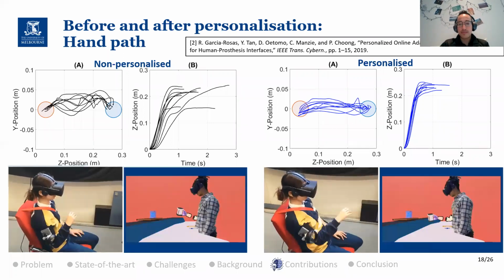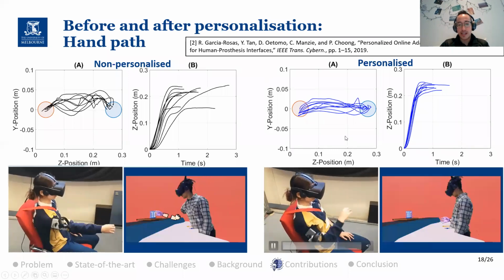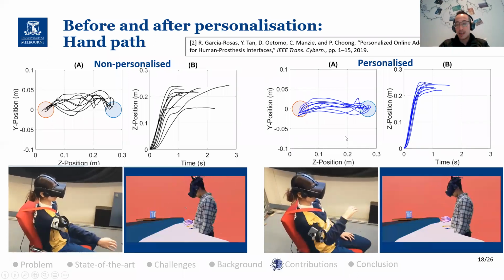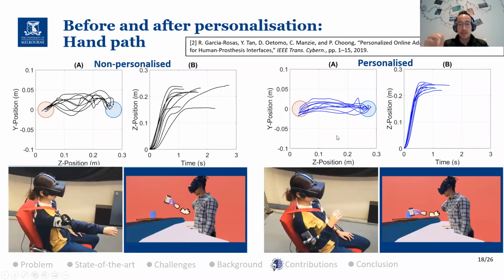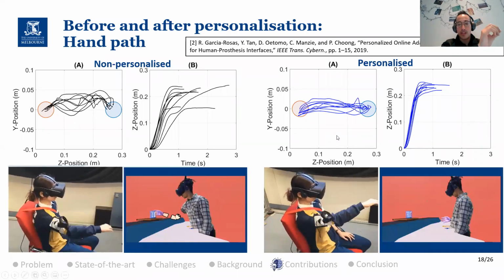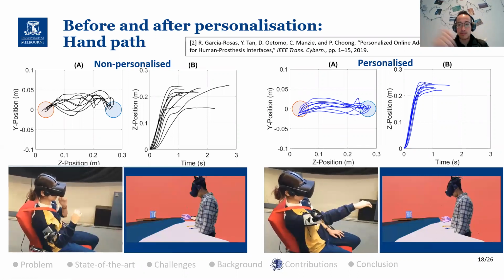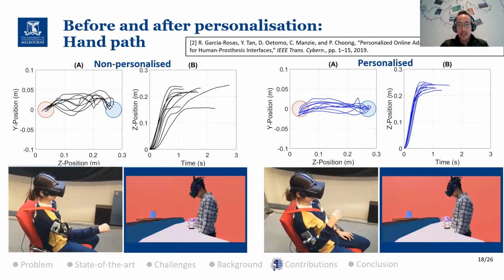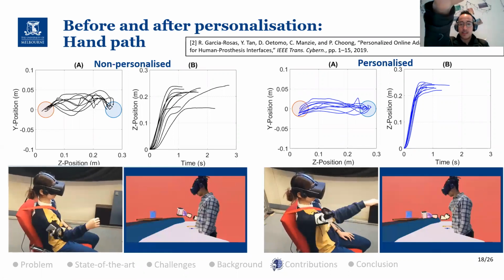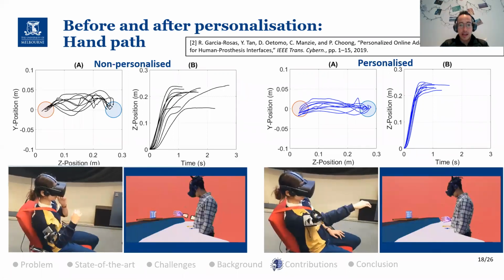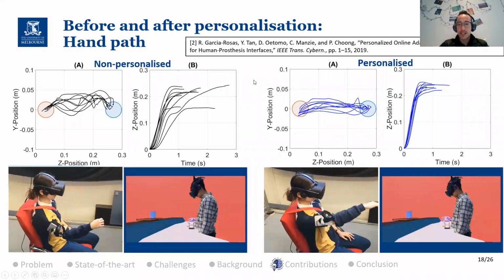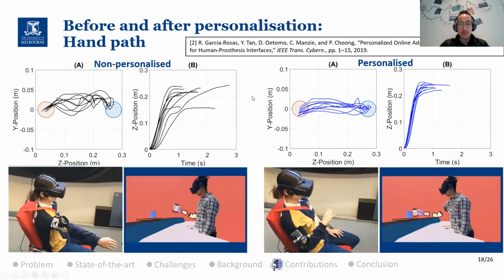But more interestingly, when the prosthetic was personalized to them, so the setting was better set for them specifically after the personalization process, they would actually track the virtual hand really well with their hand, which I found quite fascinating from just an observation point of view.